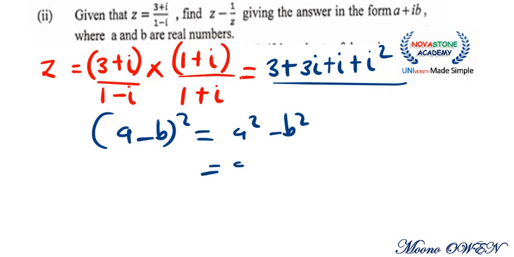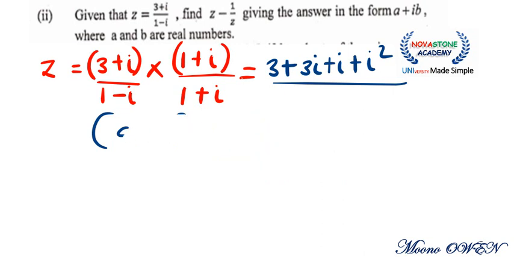Since this is a difference of two squares, I'm just going to square each of them. So therefore I'm going to have 1 squared minus i squared. Basically this is what I have.